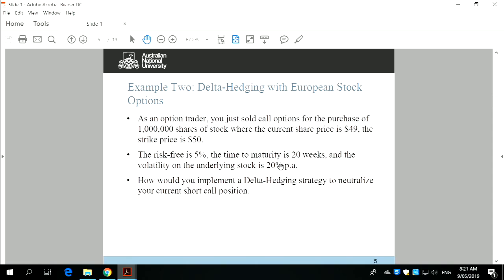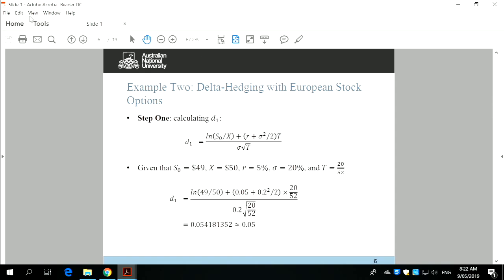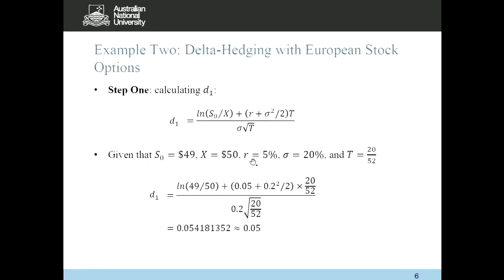Quite straightforward. We know shorting the call gives you negative delta, because long the call gives you positive delta, and short the call gives you negative delta. However, buying the underlying stock gives you positive delta. So we need to take a long position in the underlying stock, and the amount we're going to take is N(d1). So it's just a matter of calculating your N(d1).